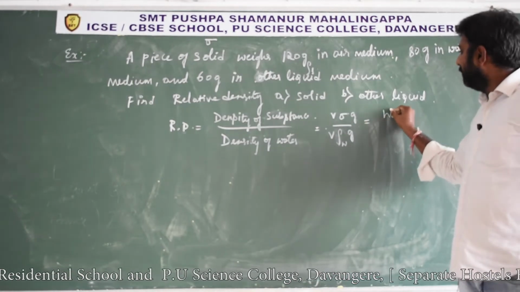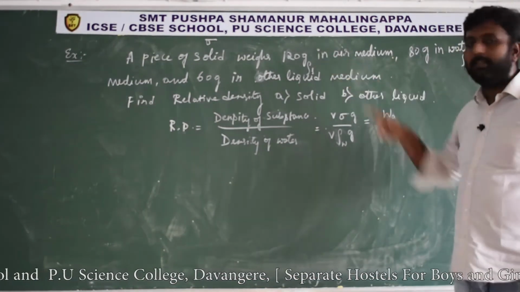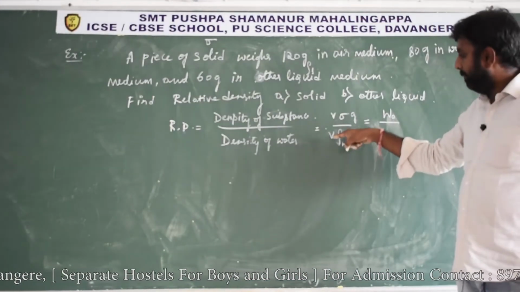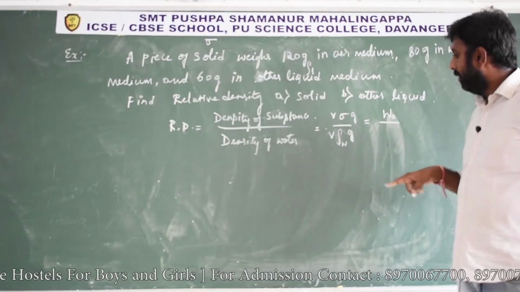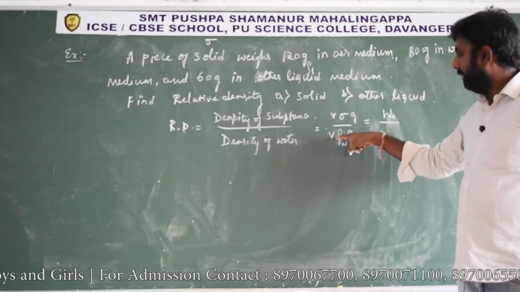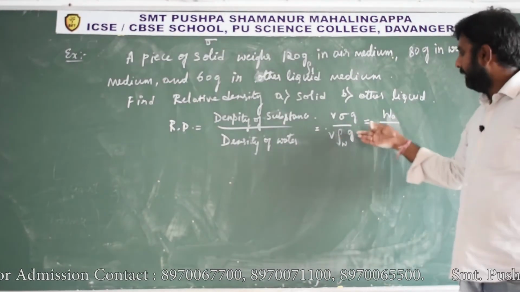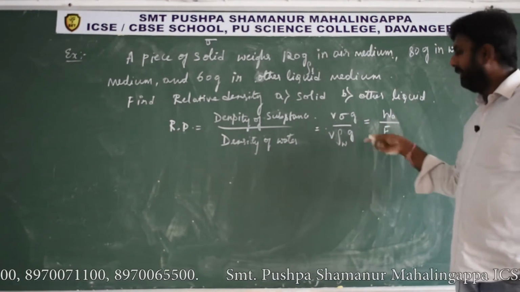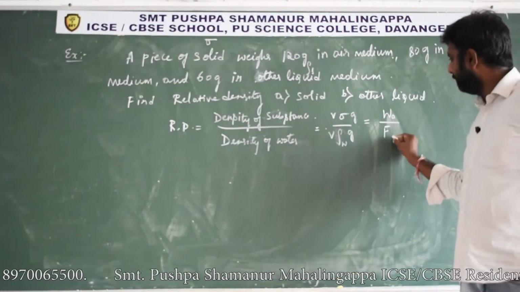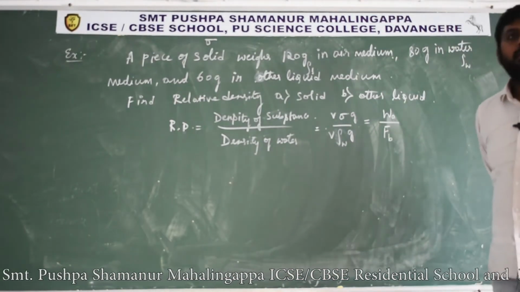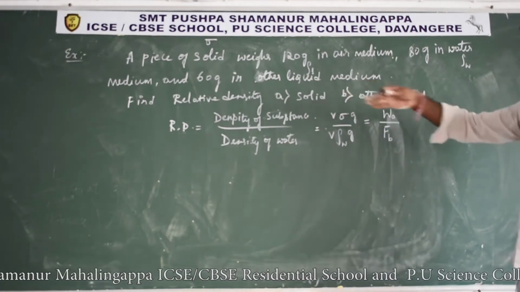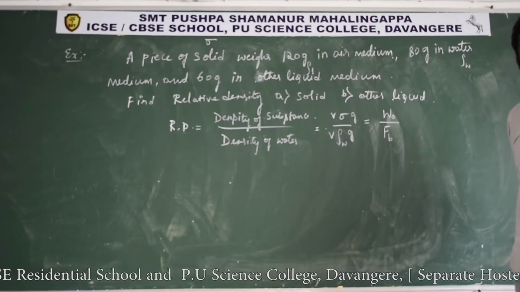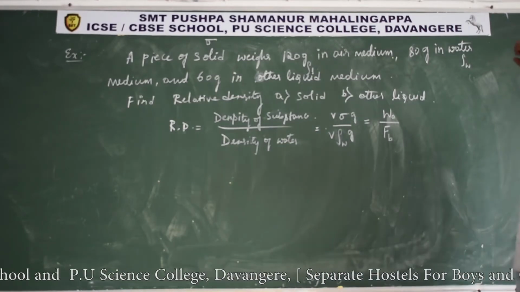I can write it as the weight of the solid in the numerator. By multiplying here Vg, this is the volume of the liquid displaced, and g is acceleration due to gravity. This I can write as rho Vg, and the rho Vg formula is nothing but force of buoyancy. So relative density we can also define like this, that is weight of the object by force of buoyancy.